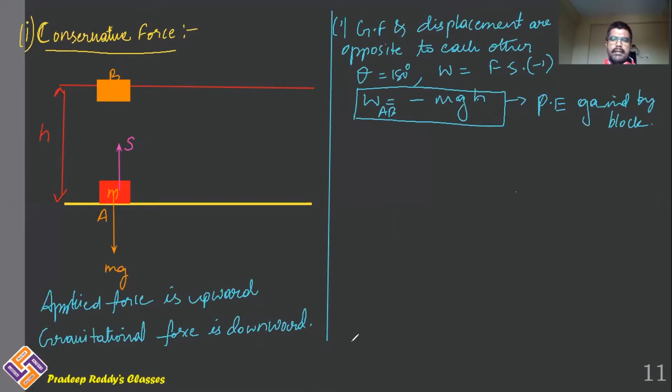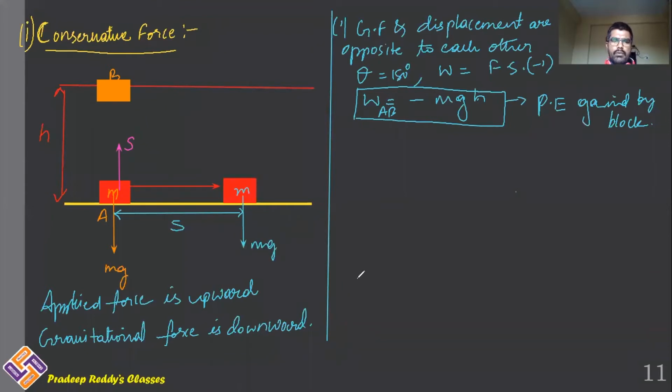Now let us see the same object. This object is first displaced to the right side. I am considering this object being brought from here to here. This object is brought to a new position and it has traveled a length S. This object m has traveled a distance S to the left side, and here also gravitational force is acting in downward direction.